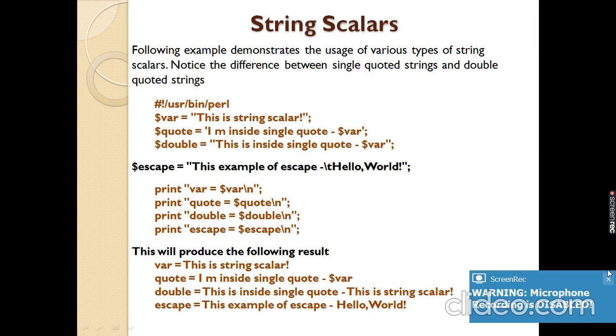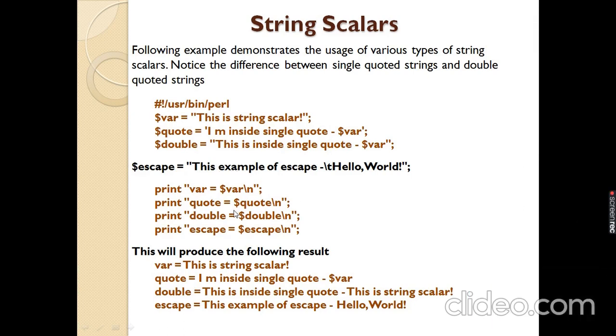Now you can see in single quote, I am inside a single quote, hyphen dollar symbol VAR. So it is going to print as is. VAR doesn't print the value of the variable. Double, this is inside a single quote.